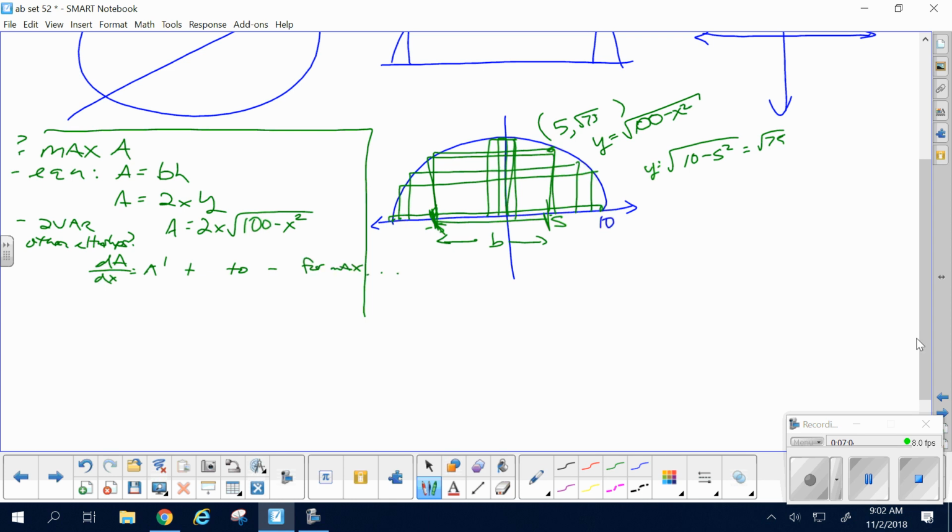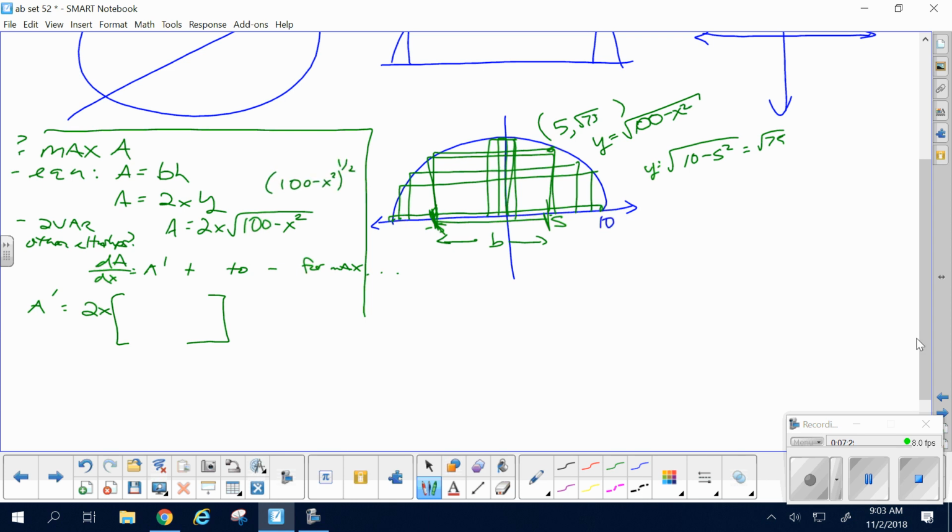So now let's go. The derivative. What derivative technique will I need to execute this? Product rule. I also probably need the chain rule on that second guy. Right? So first stays the same, 2x. What's the derivative of the square root of 100 minus x squared? Think of it like 100 minus x squared to the half power.